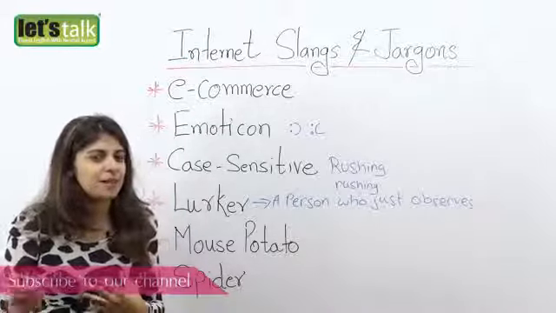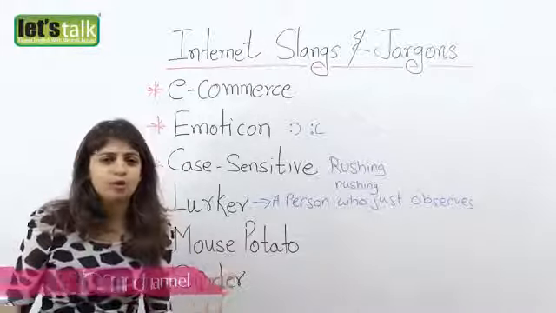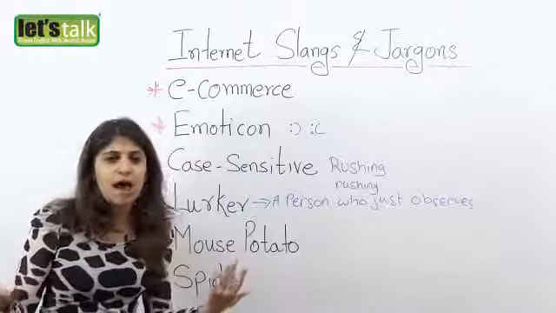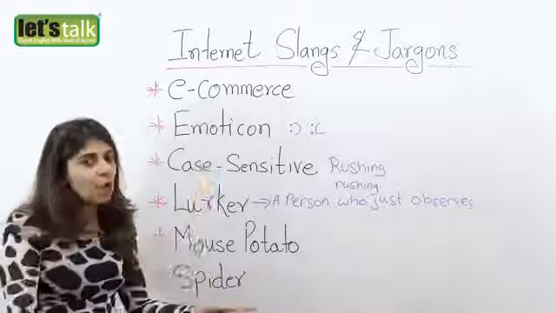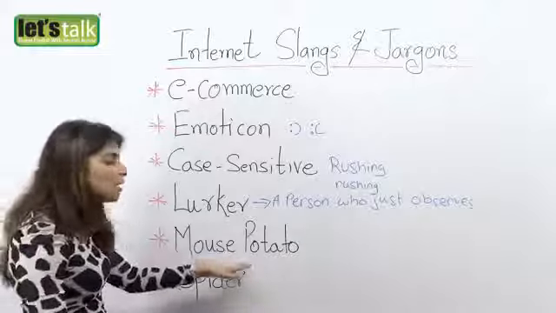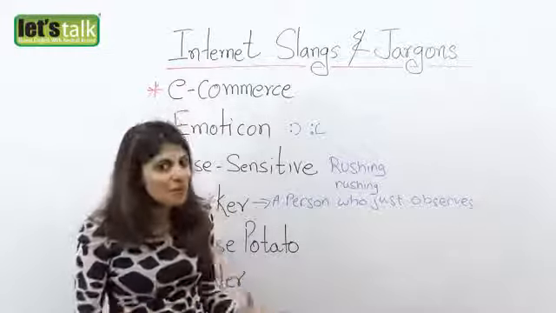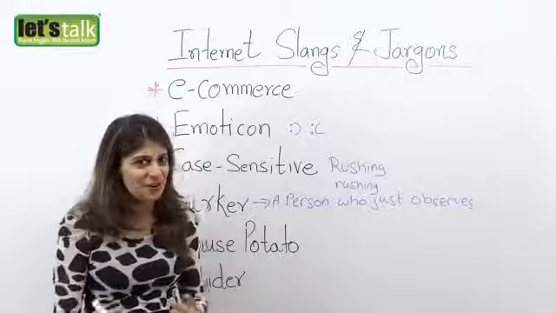A couch potato is a person who is extremely lazy and who's always on the couch, eating on the couch, sleeping on the couch, and watching TV all the time. So a mouse potato is used for a person who spends hours in front of his computer.